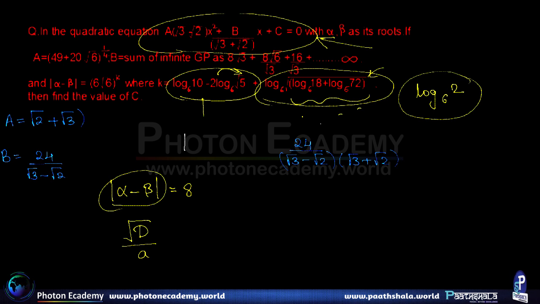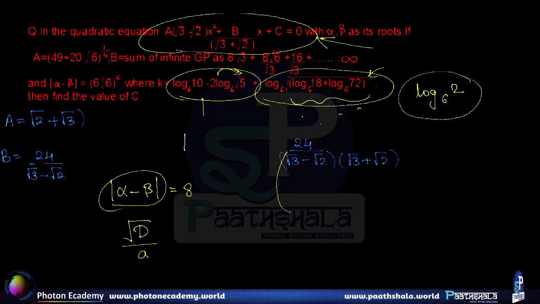So 3 minus 2 is 1. So the coefficient of x is simply 24. So let's just write the whole equation as x square plus 24x plus c is equal to 0.